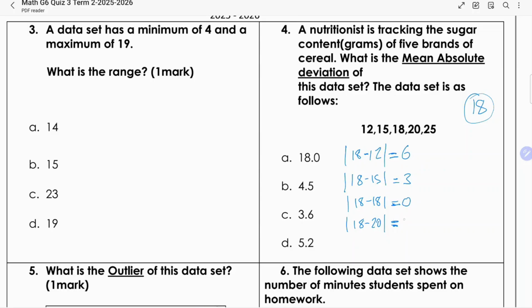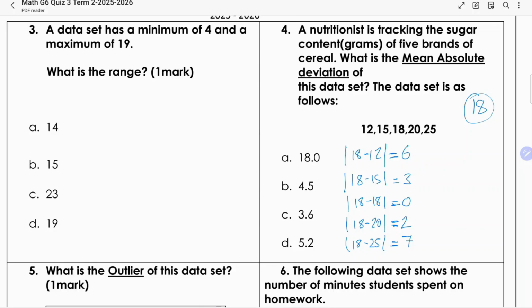So it's just 2. We're only interested in positive numbers. We're interested in the distance from the mean. Distances really can't be negative. And 18 minus 25 equals negative 7, but because it's the absolute deviation it's 7.